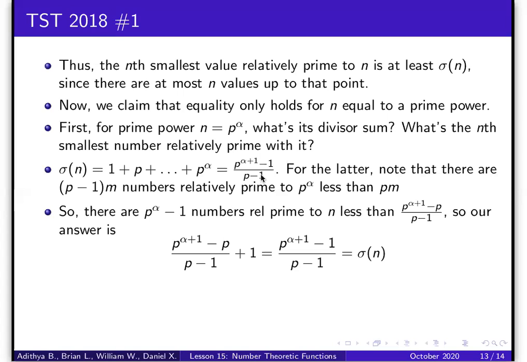So the nth smallest number relatively prime with p, which equivalently is relatively prime with p to the alpha, is p to the alpha plus 1 minus p over p minus 1, and then add an extra 1. And we get that this is just equal to sigma n. So we have proved the statement for prime powers.